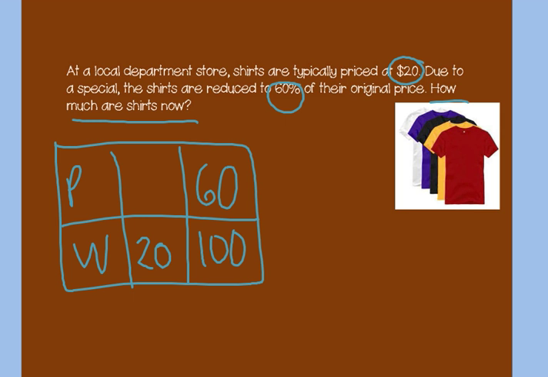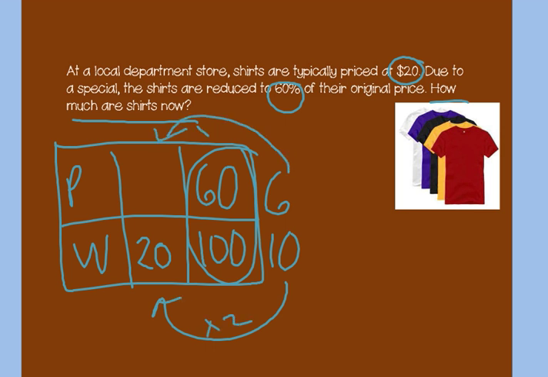Several ways we can do this. We can simplify this fraction by saying 6 divided by 10 is 6, 100 divided by 10 is 10, and then I would look and I would know that 10 times 2 is 20, so 6 times 2 is 12.